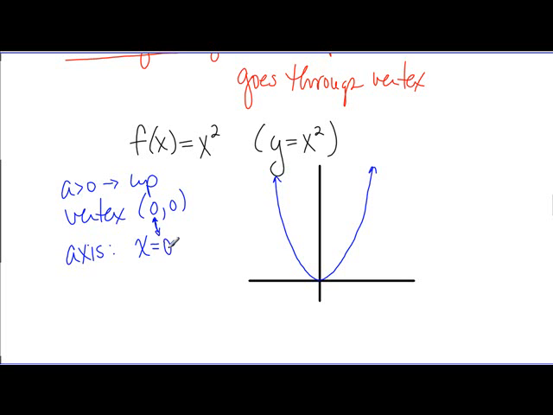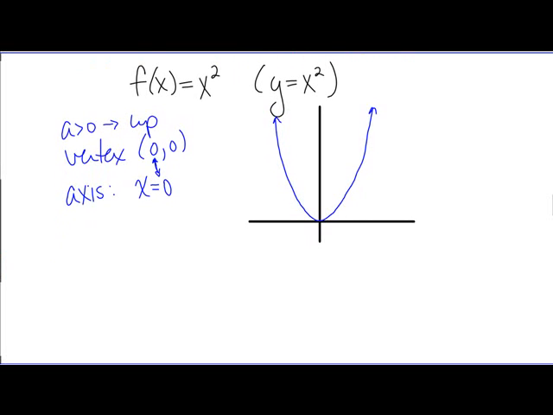Now, every other parabola, every other quadratic function is a transformation of this very basic y equals x squared function. And the standard form for the equation of a parabola is a times the quantity x minus h squared plus k.